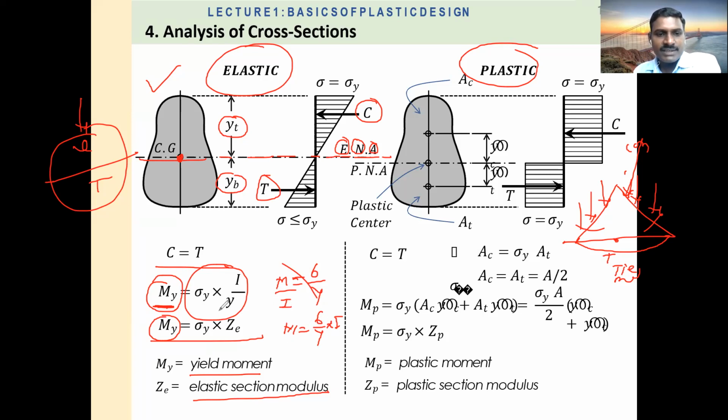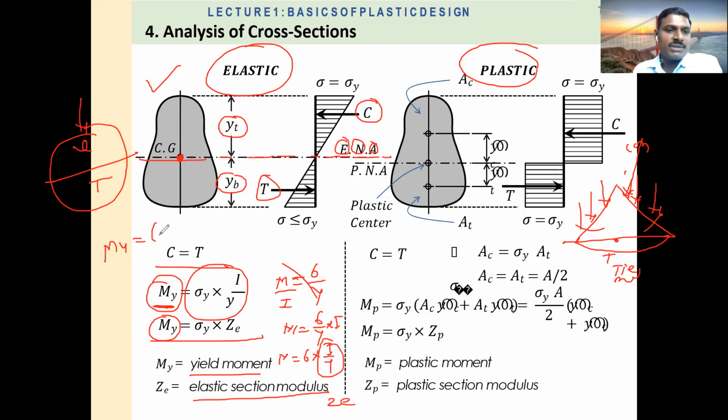This is the equation I wrote here: M by I is equal to sigma by y, so M is equal to sigma into I by y. So this I by y is the section modulus Z.